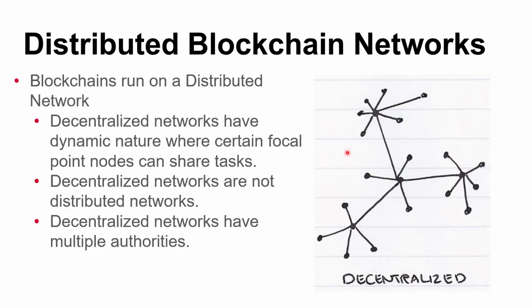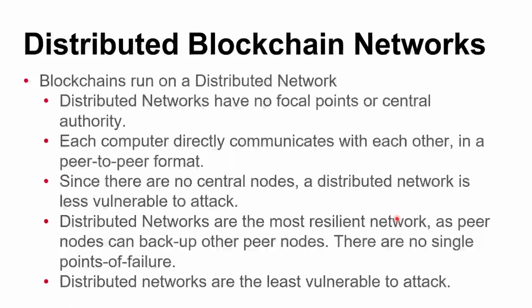So they're not distributed networks, as they do have this concept of the focal point. And fully distributed networks have no central focal points or central authorities. Each node or computer on a distributed network communicates directly with the others in a peer-to-peer format.